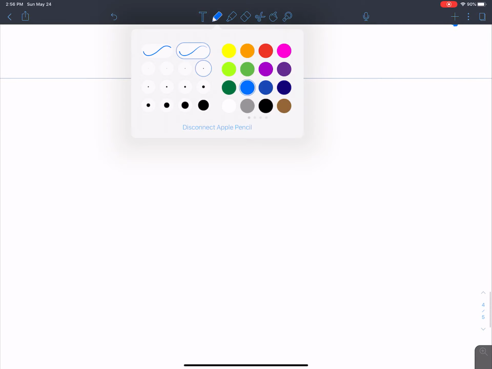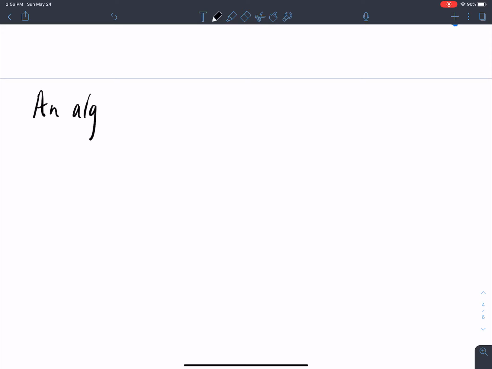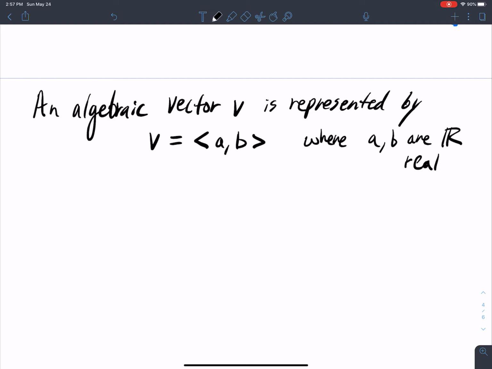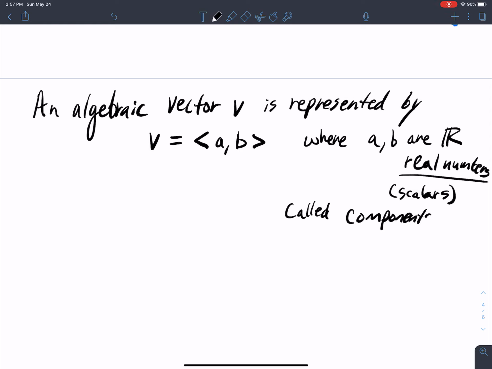So an algebraic vector v is represented by v equals a comma b, in these little brackets, where a and b are real numbers, scalars, called components of the vector v.